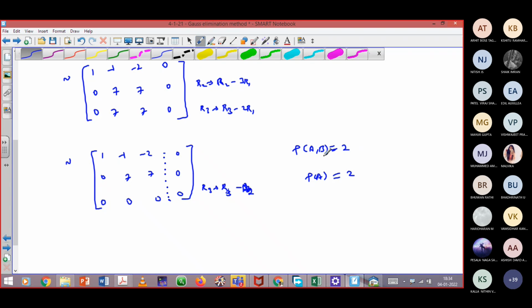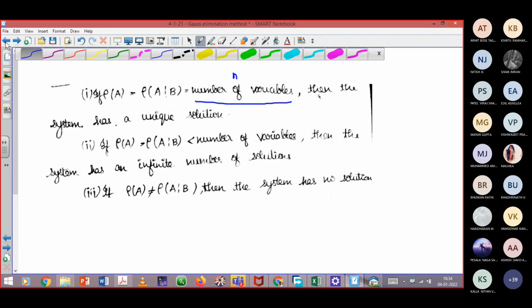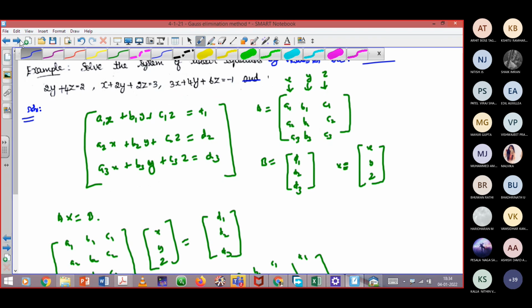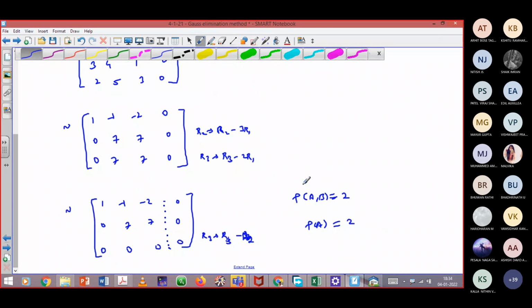So see here, as we have discussed already, rank of A equals rank of A comma B, which is less than the number of variables. The total number of unknown variables given in this problem is 3. By this rule, you need to write that the system is consistent, and it has infinitely many solutions.